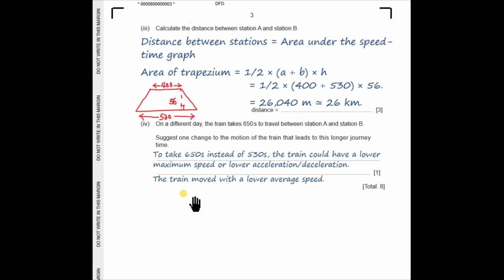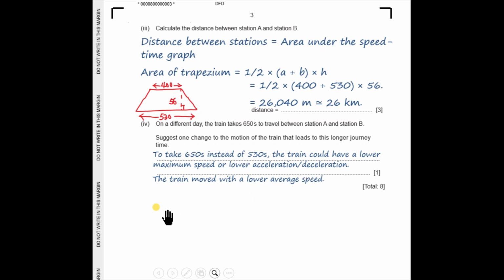So for the train to take longer instead of 530 seconds, the train could have a lower maximum speed or a lower acceleration or deceleration. The train moves with a lower average speed.